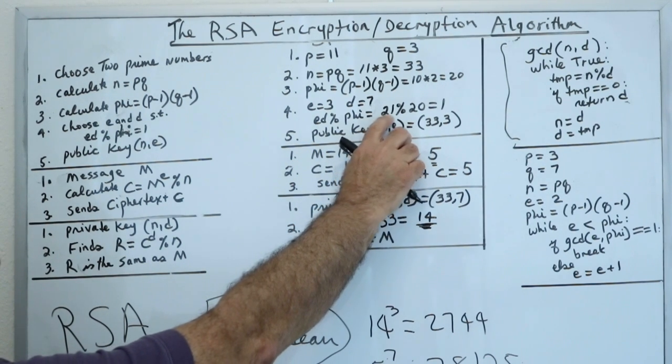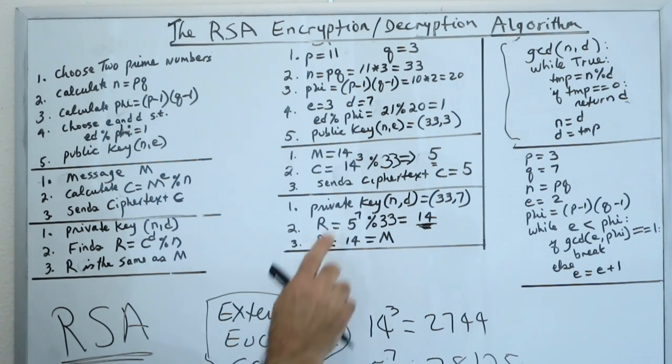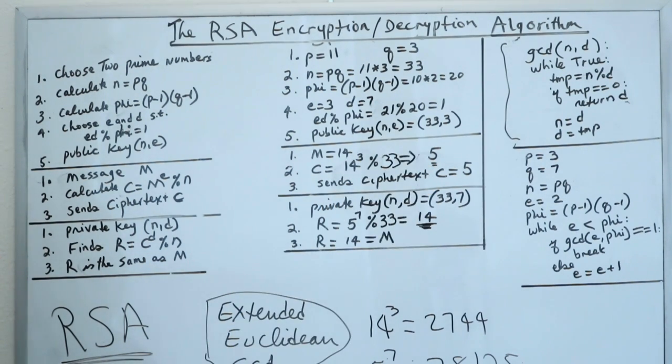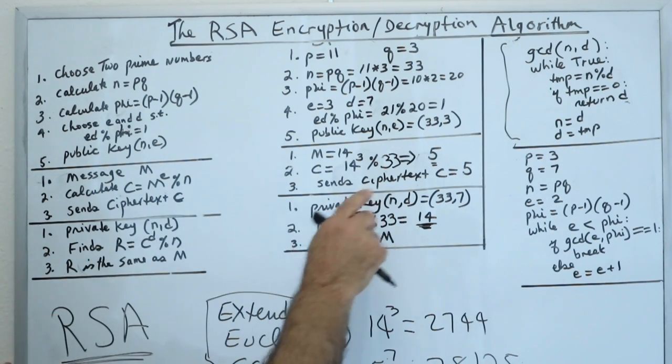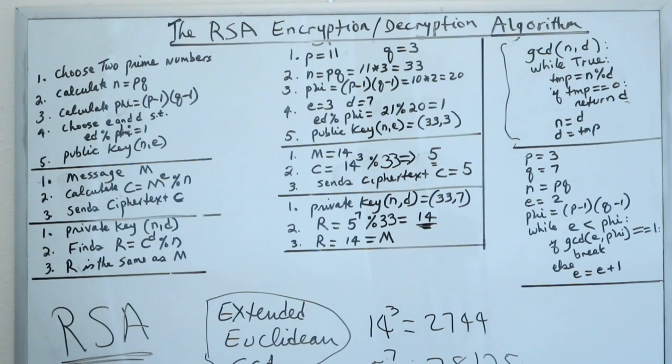If e times d modulus phi is not equal to 1, I have to repeat until I get the answer. Because that gives me the public key value. Public key is n and e. Well, n is 33 and e is 3.